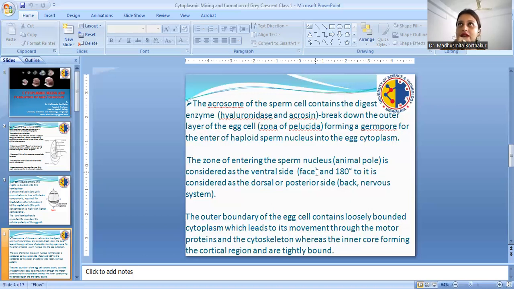The outermost loosely bound cytoplasm inside the egg cell also has motor proteins and cytoskeleton, like microtubules made up of tubulin protein and microfilaments made up of actin proteins. Whereas the inner core is very tightly bound cytoplasm.